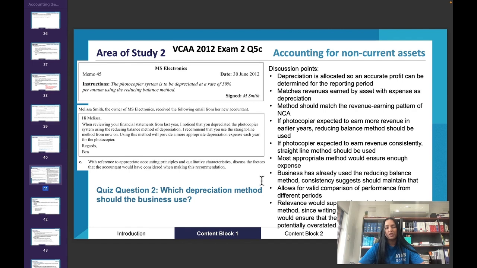And relevance would support using the reducing balance method, since writing off more of the cost of the asset would ensure that the value is not potentially overstated.